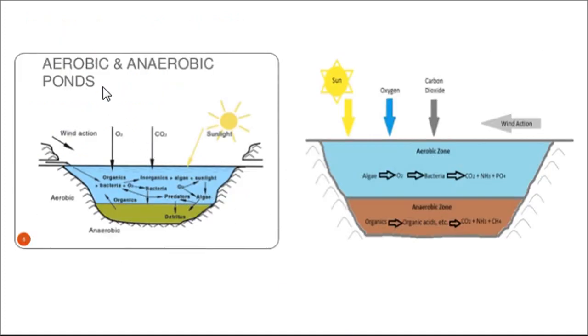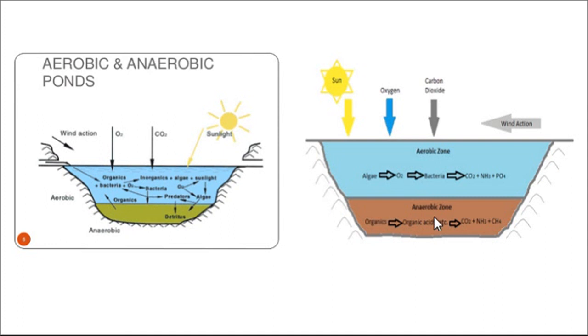So this is the aerobic and anaerobic pond. For a certain depth aerobic conditions prevail, and here photosynthetic activity and bacterial activity both take place, due to which aerobic treatment of wastewater occurs, and at the bottom zone anaerobic bacteria prevail and treat the wastewater.